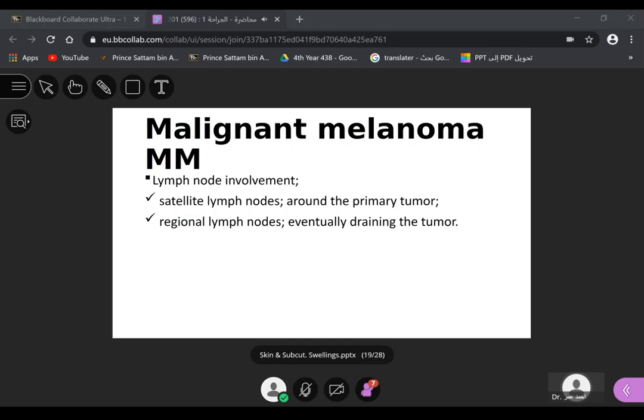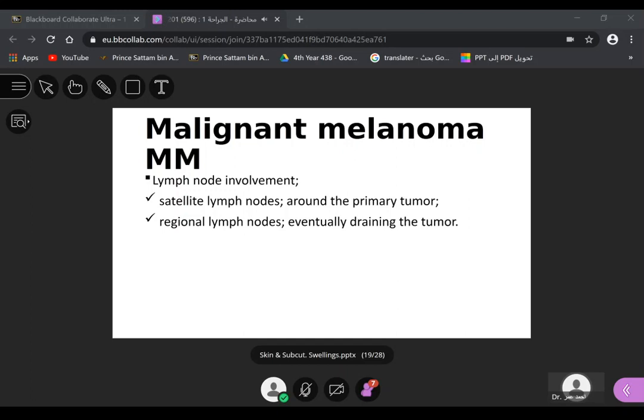Okay. So the tumor is highly malignant. It tends to metastasize to regional lymph nodes and to other distant structures, like, for example, the lungs. The patient can present complaining of hemoptysis. It can also metastasize to other distant regions like the brain. So the patient can present with features of metastasis very early.